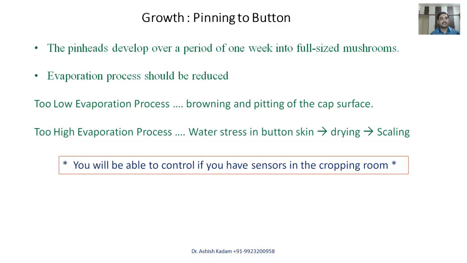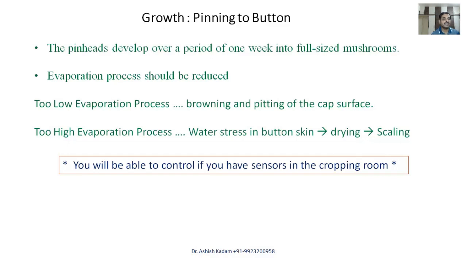So we will now go into the next phase, the growing of these small buds, pins, into buttons. The pin head develops over a period of 1 week into full-sized mushrooms. Once the pin head forms, it takes 1 week to develop into the full-size mushroom. The evaporation process should be reduced, which we also reduced in the last phase of fructification. With too low evaporation, browning and pitting of the cap surface will happen.